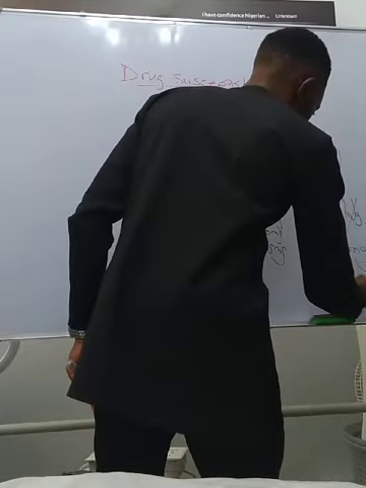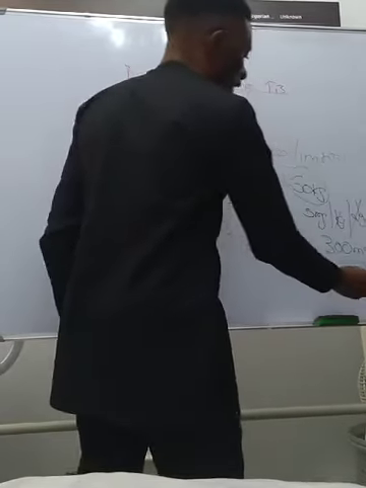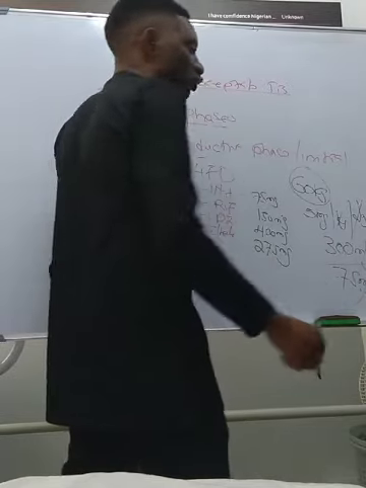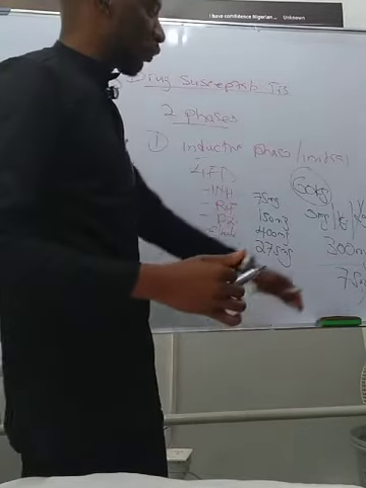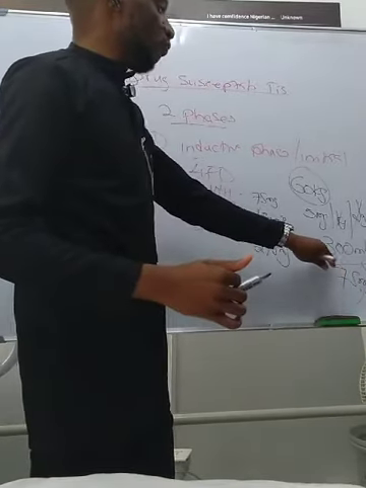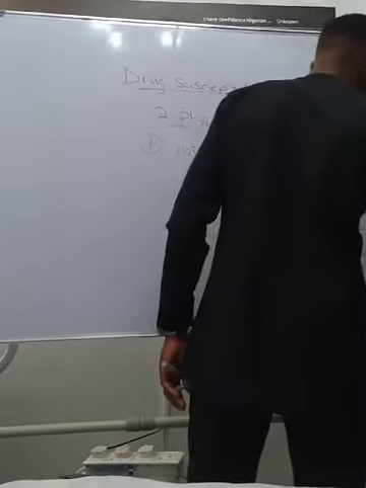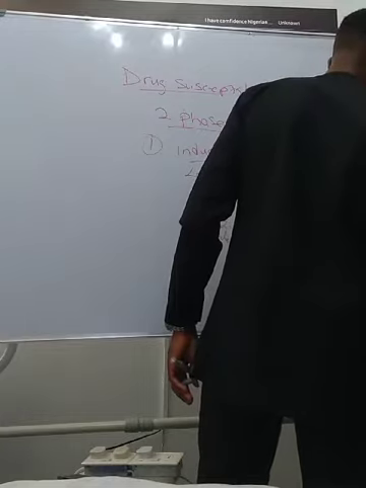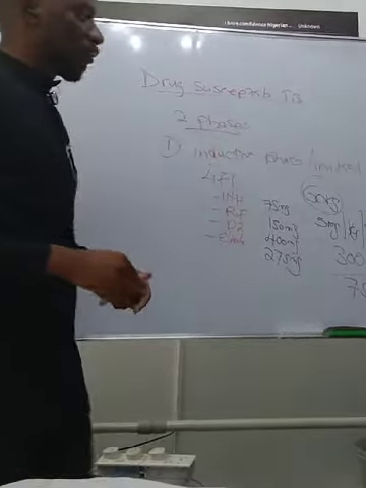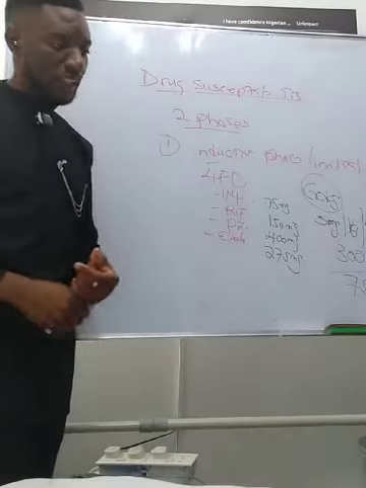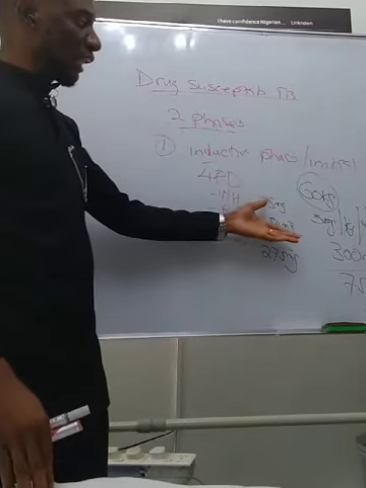In this case, 75 milligrams for Isoniazid. When you divide, the milligrams will cancel, remaining with the plain ratio. So you divide 300 by 75, you get 4. The answer is 4, so this means 4 tablets. So if a patient is 60 kgs, they will get 4 tablets of 4FDC. So this is how we arrive at this.